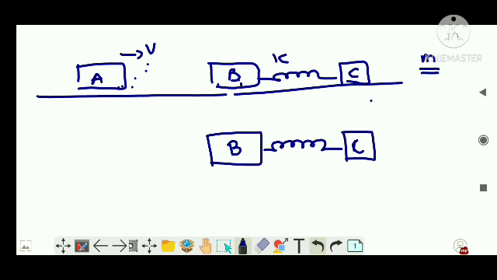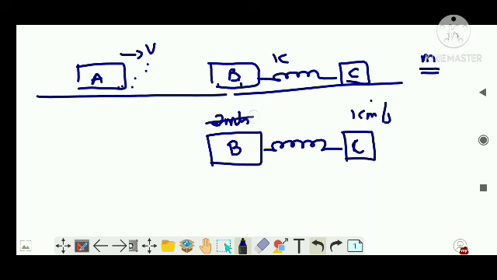If you want, I can tell this example with numerical values, which is better. Let's say B is moving with a velocity of 3 meters per second. Initially C was at rest. Now let's say B's velocity decreases to 2 meters per second, and C's velocity rises by 1 meter per second.